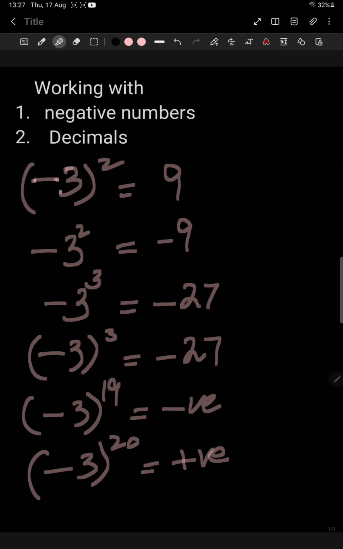Next, about the decimals, we will learn some rules about the decimals and about the square and cube roots as well. First of all, the decimals. If the number is (minus 0.3) squared, what do you think the answer will be?